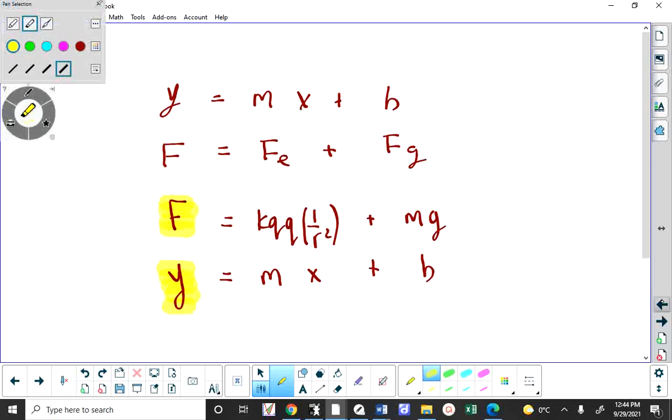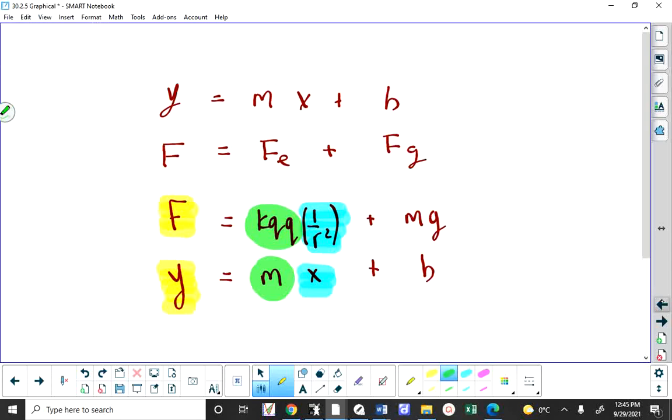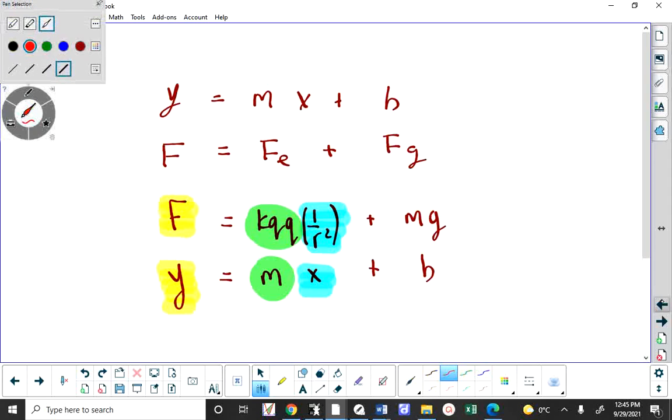On the other hand, x is 1 over r squared because that's what's being plotted on the horizontal axis. That means, continuing our comparison, that the slope of this mathematical line, which is the line we're looking at on the graph, has to be accounted for by saying it's equal to k q q. And finally, the y-intercept has to be mg.